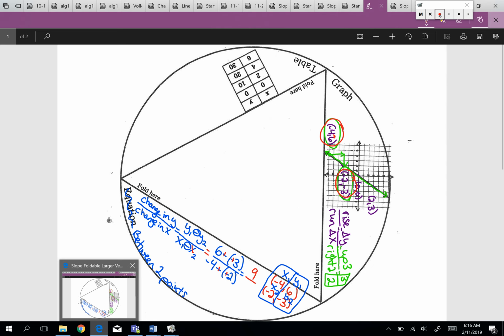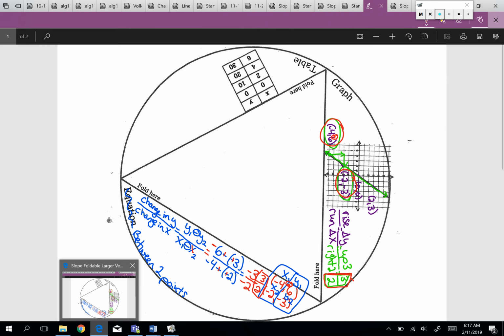The 6 should be negative right here. There we go. Sorry, guys. -6 plus 3 is -3. -4 plus 2 is -2. Negative divided by negative, this is a positive 3/2. So they do match. Positive 3/2, so they do match.